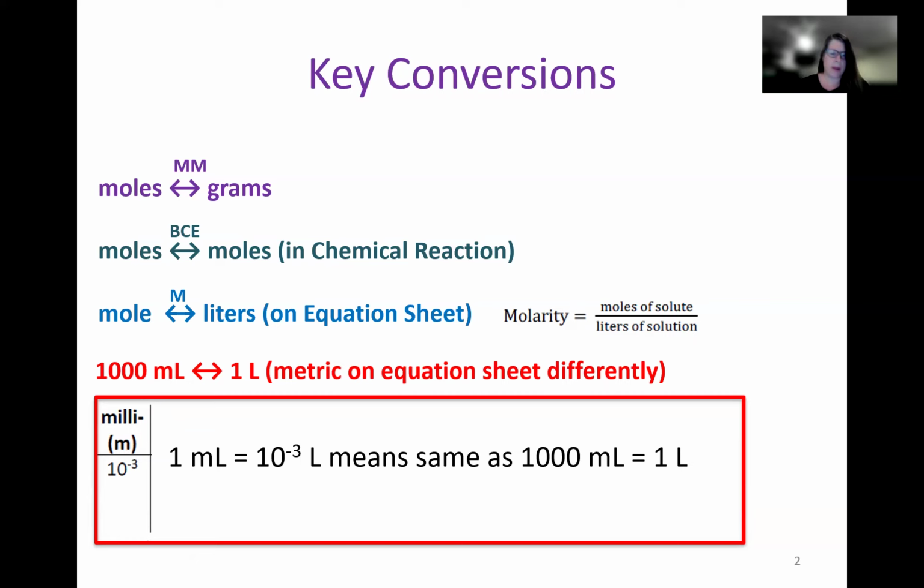So you might write it as 1 milliliter equals 10 to the minus 3 liters, but that means the same as 1,000 milliliters equals 1 liter. And from my experience in teaching for so many years, I think my students prefer it this way because they're not dealing with negative powers of 3, which is a little bit of extra work sometimes with your calculator.